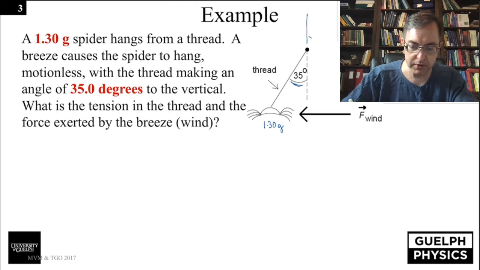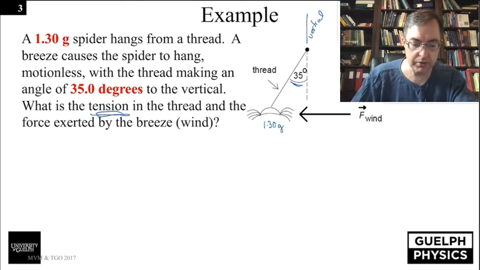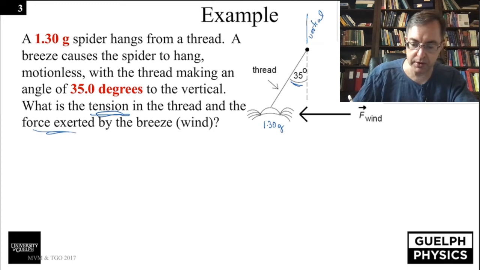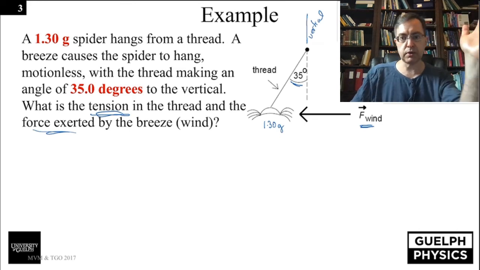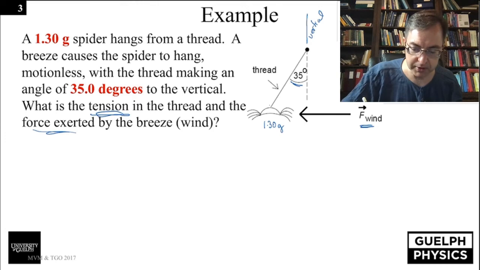Okay, so this is the vertical. The question asks, what is the tension in the thread and what is the force exerted by the breeze, the wind? Okay, so there's the force exerted by the wind in this direction, which is causing the spider to tilt this way. Okay, and then there's going to also be some tension in the thread.